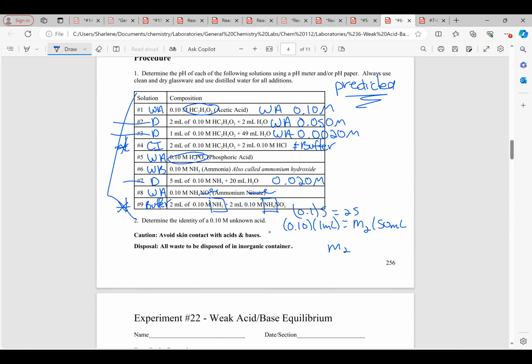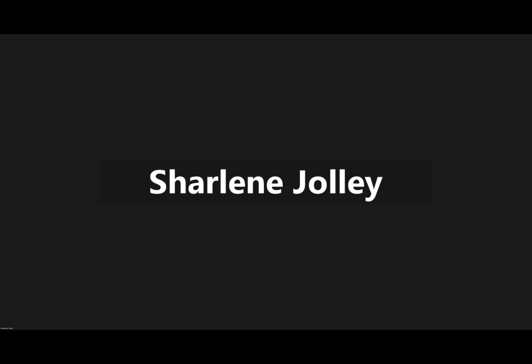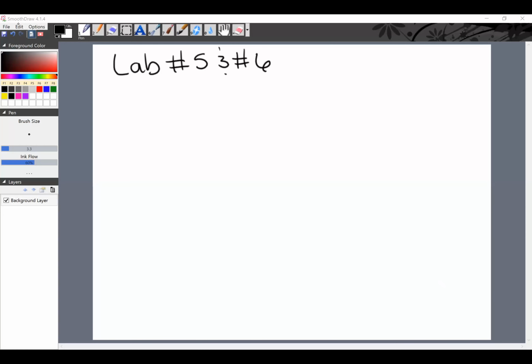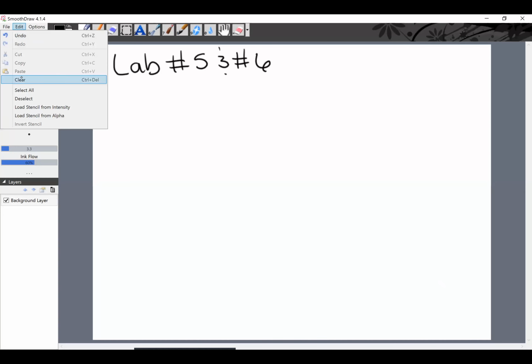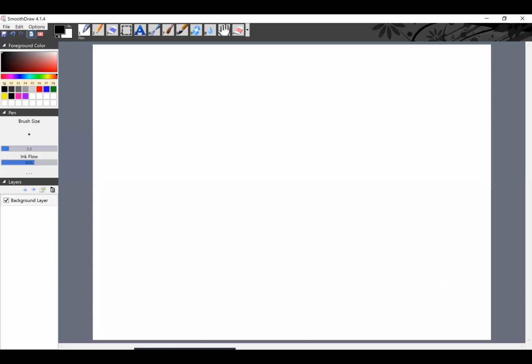I'm going to jump over to my whiteboard because it's easier to get around in. So I have 2 milliliters of 0.1 molar acetic acid and 2 milliliters of 0.1 molar HCl.